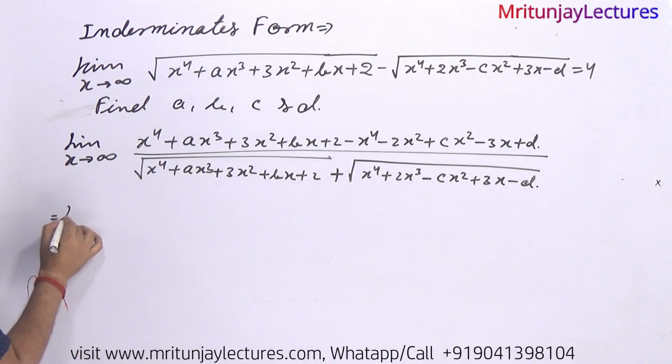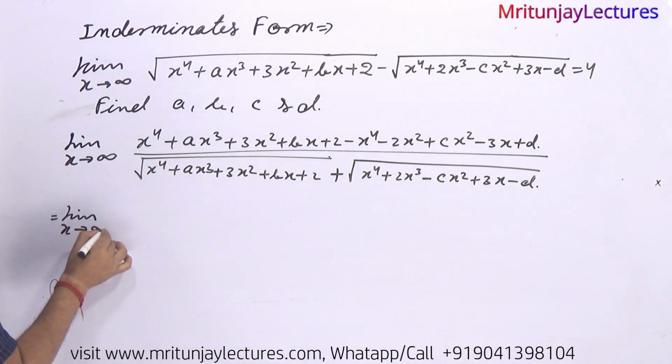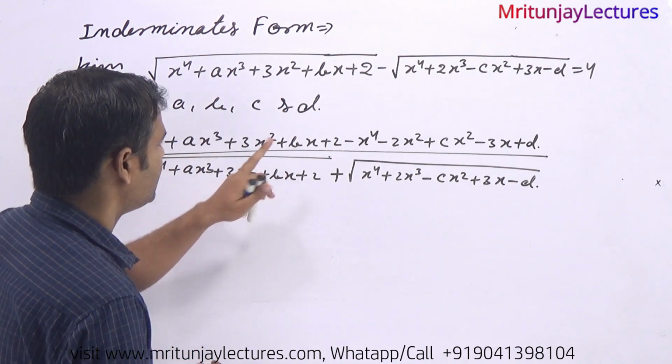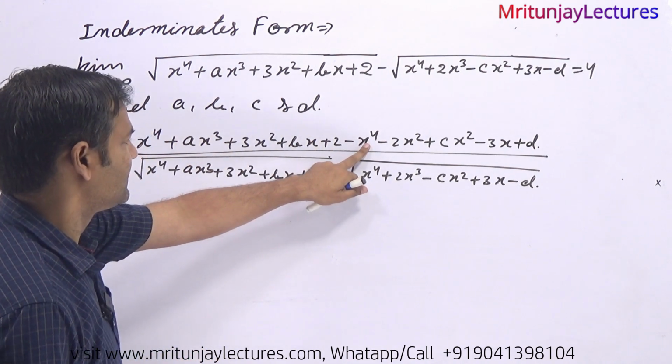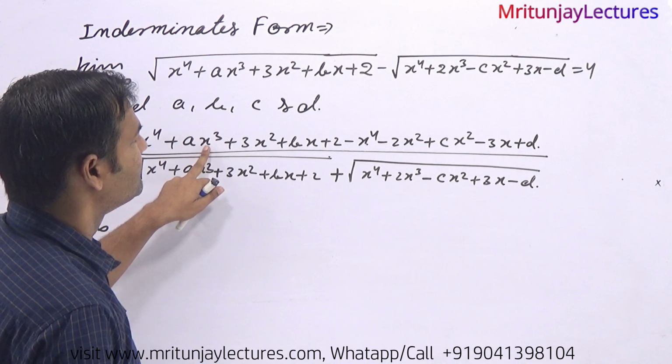Now after that, limit x tends to infinity. In the upper part, x to the power 4 cancels out, leaving x cube.